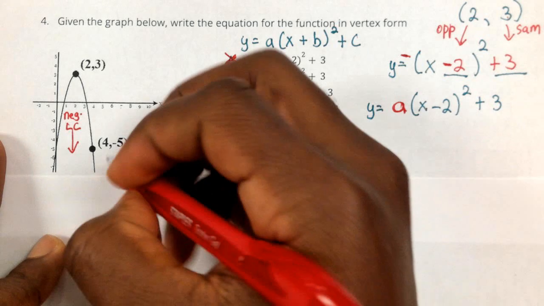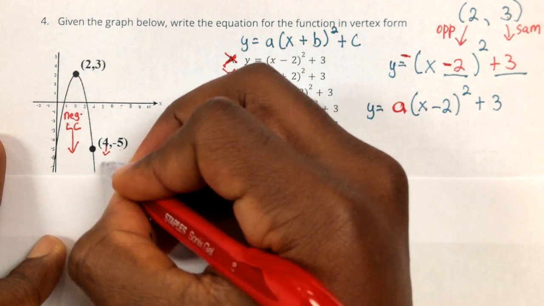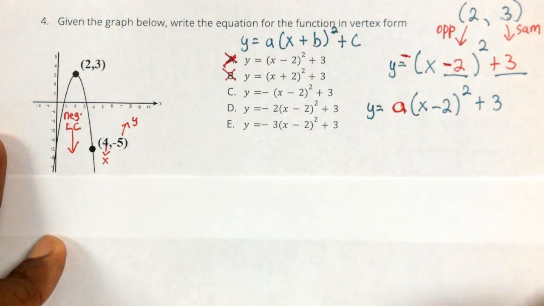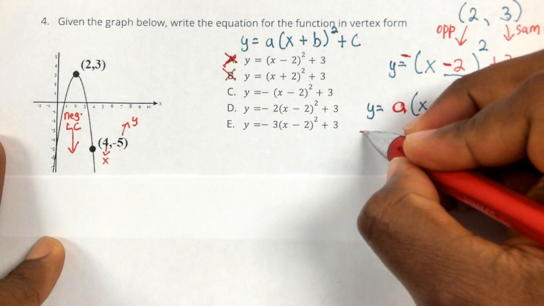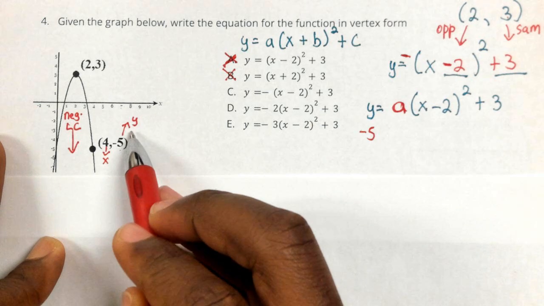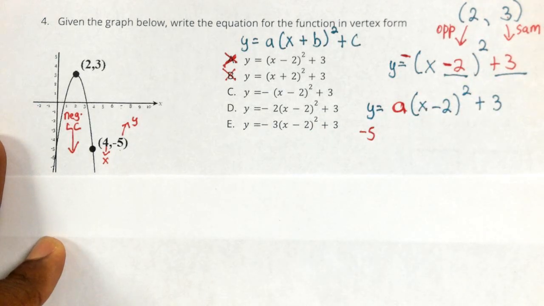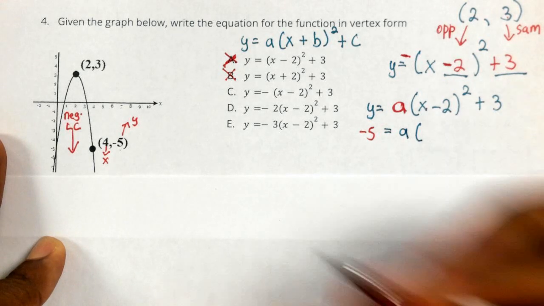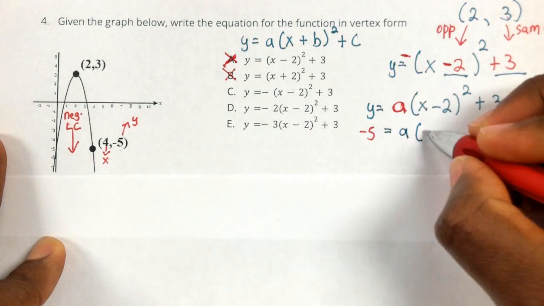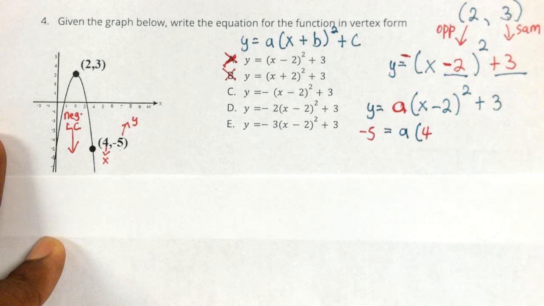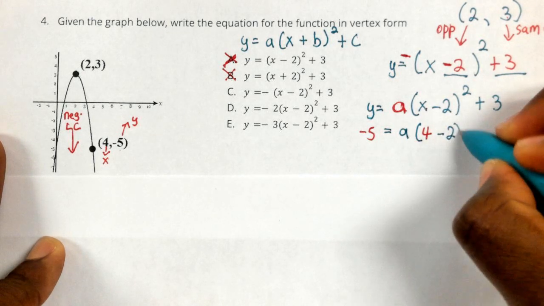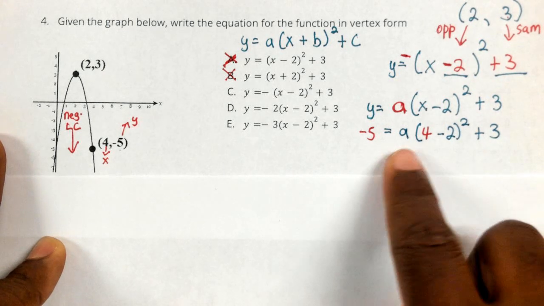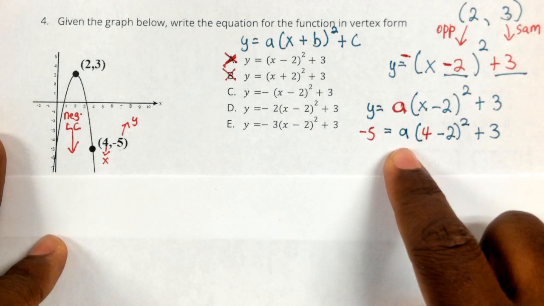So I would have negative 5 in place of y, equals a, parentheses, positive 4 for my x, minus 2, squared, plus 3. And then I'm going to try to find the value of a.